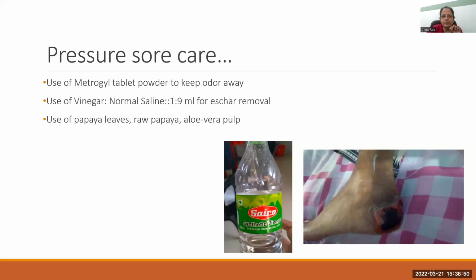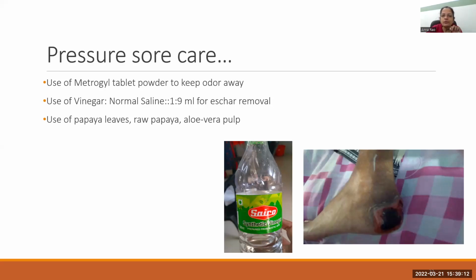Use of Metrogel tablet powder is also very useful to keep the odor away, right? So after cleaning, all these things can be used. In general palliative care settings, we don't use Betadine for the dressing, right?